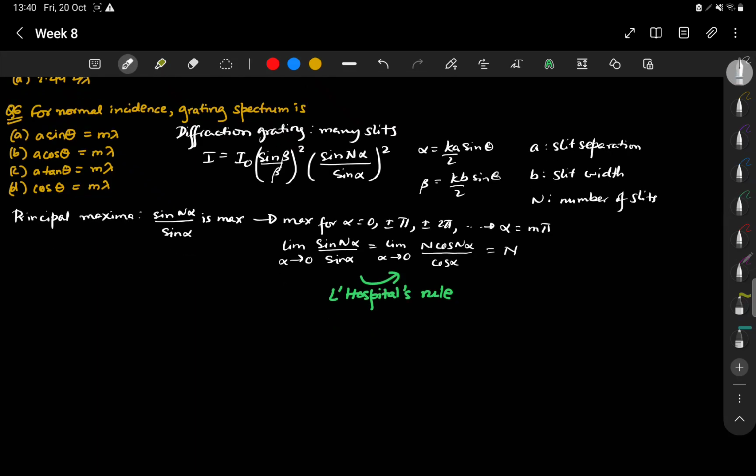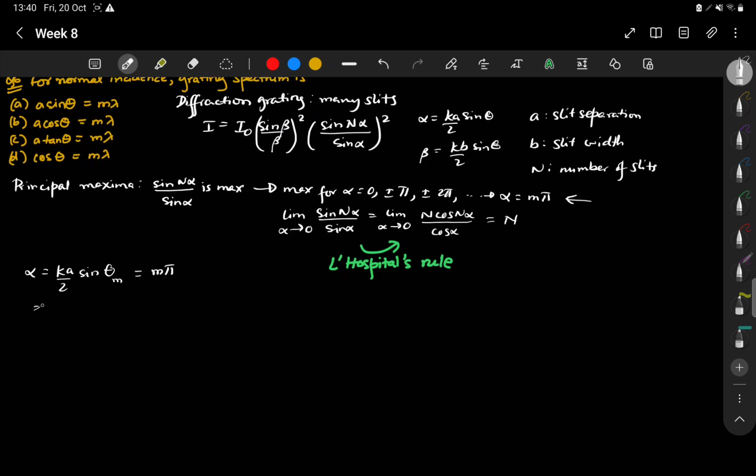So now we can put things together. We have alpha equals Ka by 2 sine theta, and let's say this theta is for the principal maximum. So for the principal maximum this value of alpha is equal to m pi, which implies a sine theta m equals 2m pi over k.